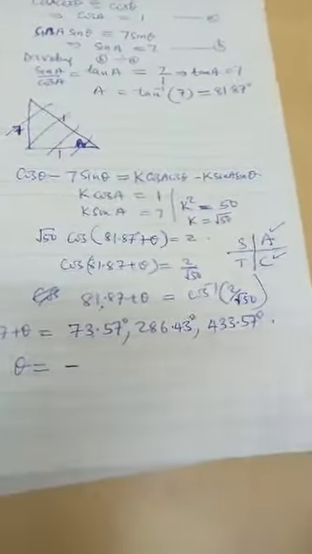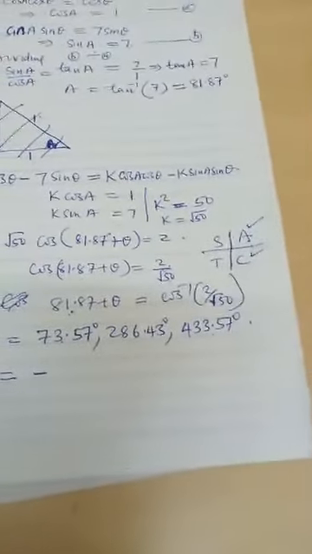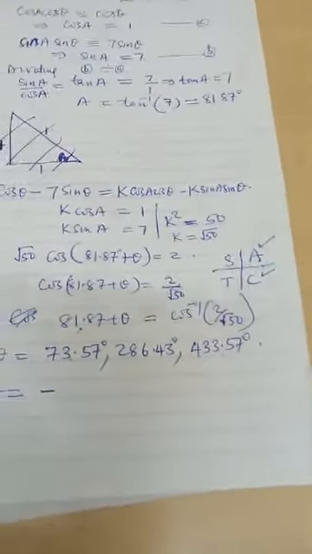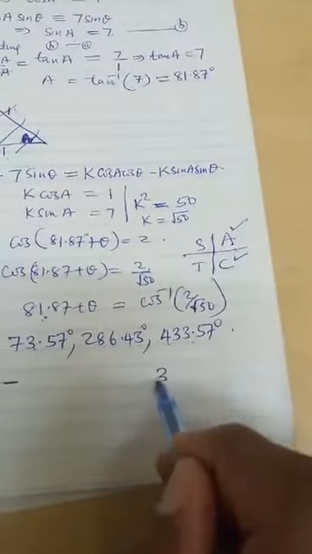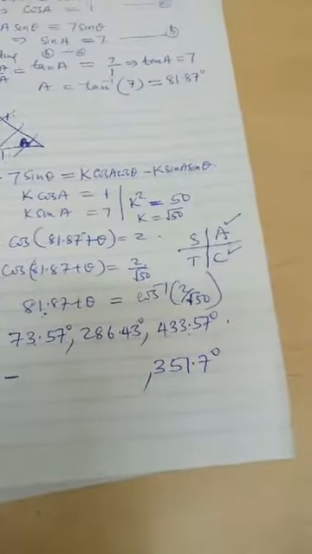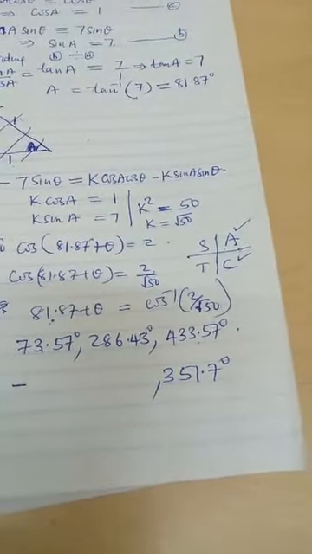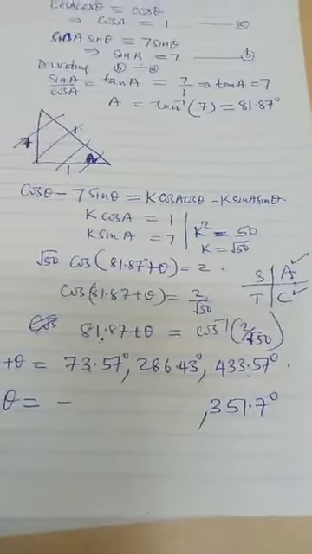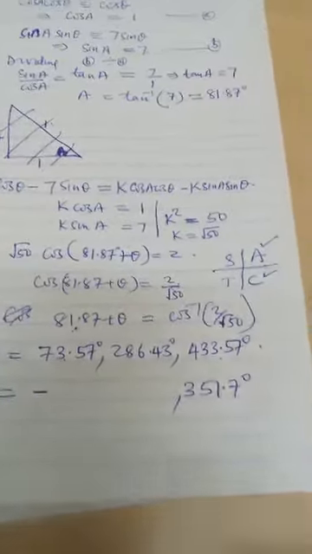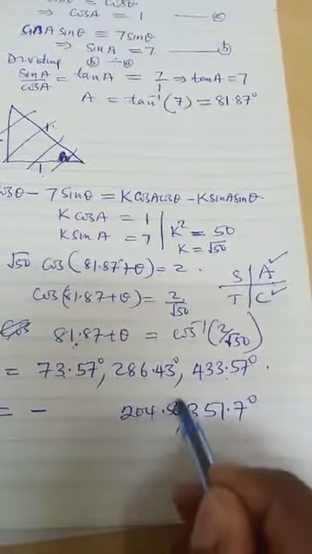The first value will be a negative. If I start with this last one, I take off 81.87, and I get my first angle here as 351.7 degrees. My next angle will be 286.43, I take off my 81.87, and this will give me 204.56 degrees.